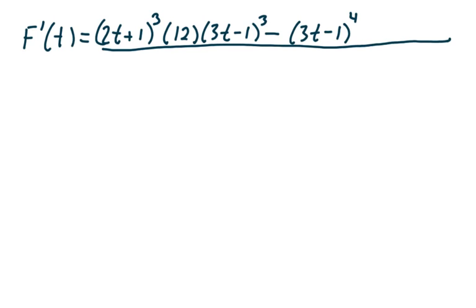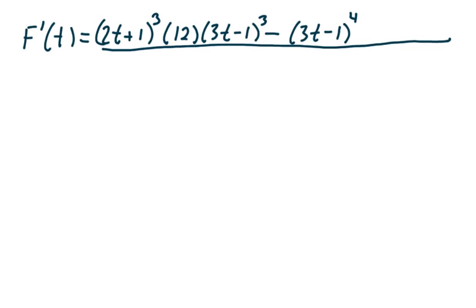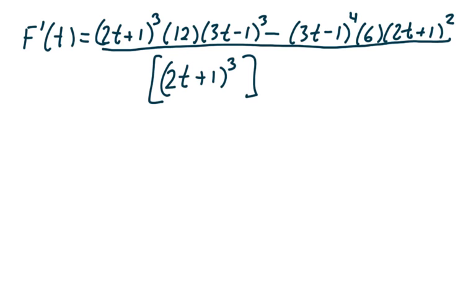That's the top function. And then the derivative of the bottom function is 6 times 2t plus 1 squared. And then I'm going to take that whole thing and divide by 2t plus 1 to the third, all raised to the second power.